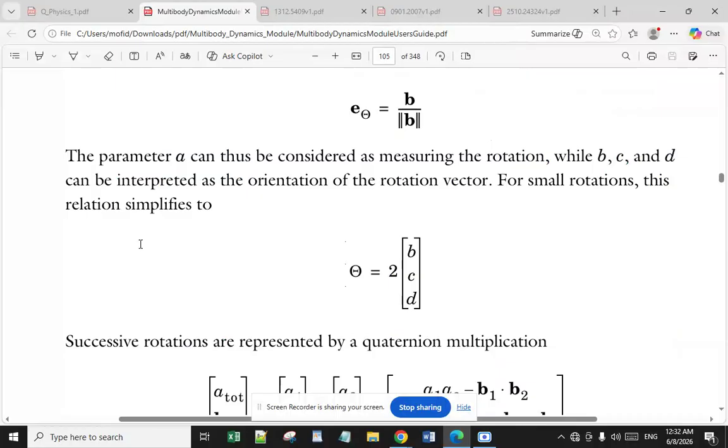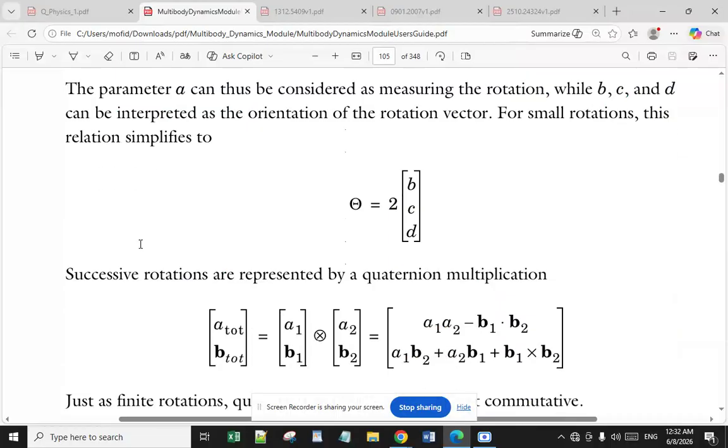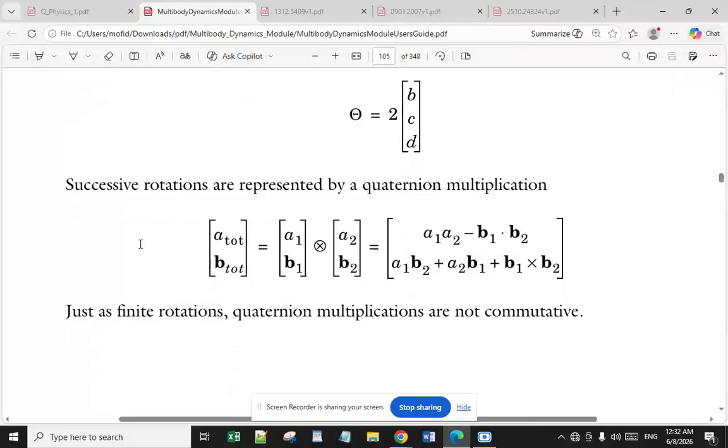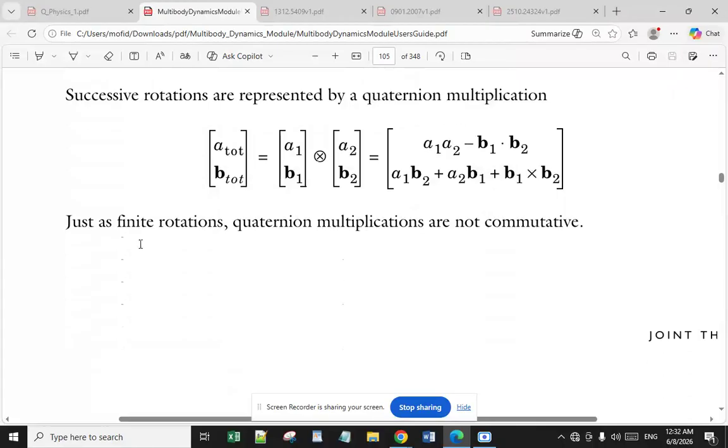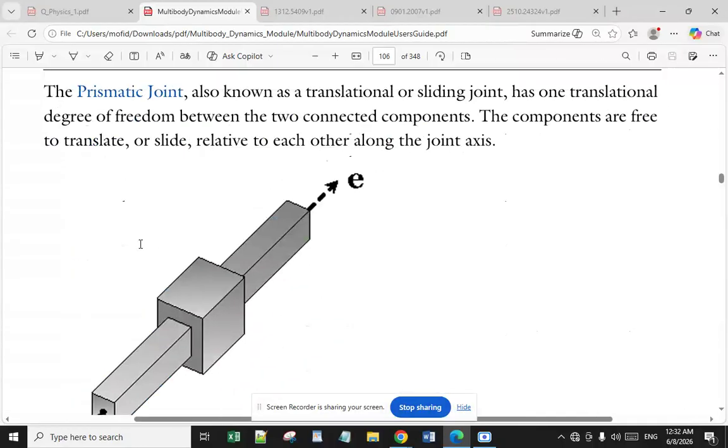For small rotations, this relation simplifies to theta vector equal to 2 multiplied by the single column matrix b, c, and d. Successive rotations are represented by a quaternion multiplication as follows. Just as with finite rotations, quaternion multiplications are not commutative.